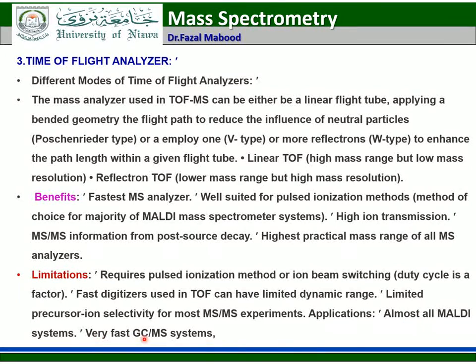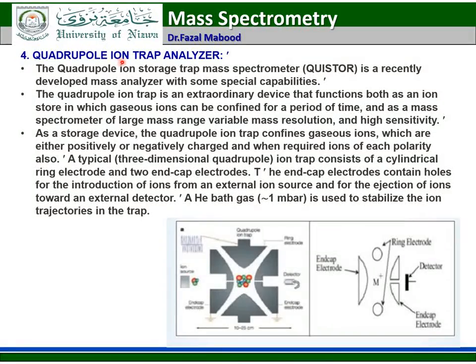Quadrupole ion trap analyzer. The quadrupole ion trap mass analyzer is a recently developed mass analyzer with some special capabilities. The quadrupole ion trap is an extraordinary device that functions both as an ion store, in which gaseous ions can be stored for a period of time, and as a mass spectrometer of large mass range, variable mass resolution, and high sensitivity.